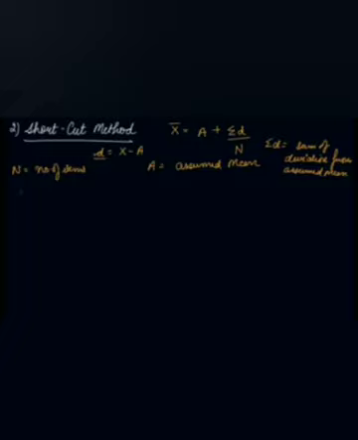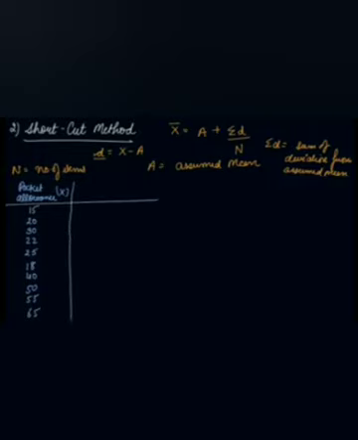Let's take the same example with the help of the pocket allowance X: 15, 20, 30, 22, 25, 18, 40, 50, 55, 65. Now you have to choose any number as the assumed mean.